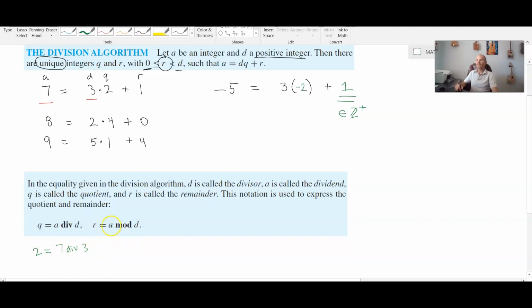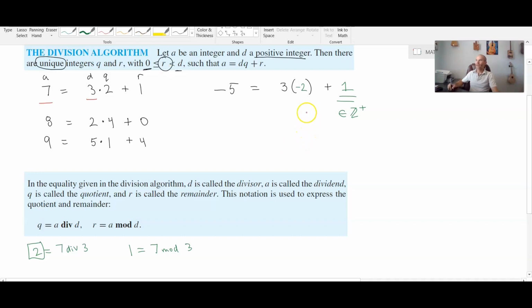The remainder is written as A mod D, and the remainder in this case is 1. So if you take 7 divided by 3, you get a quotient of 2, but a remainder of 1.